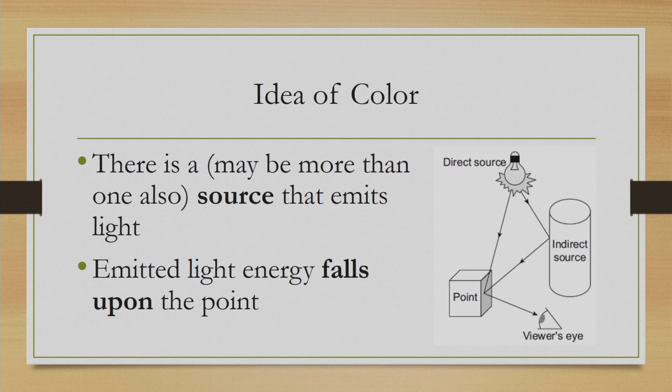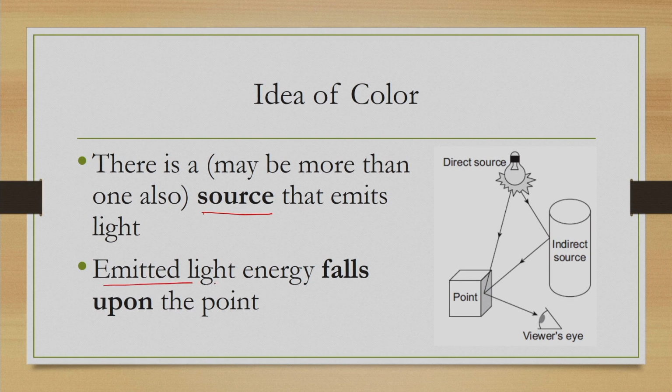The process assumes that there is a source, a light source which emits light. Now, there may be one source, there may be more than one source, but there has to be some source of light which emits light.